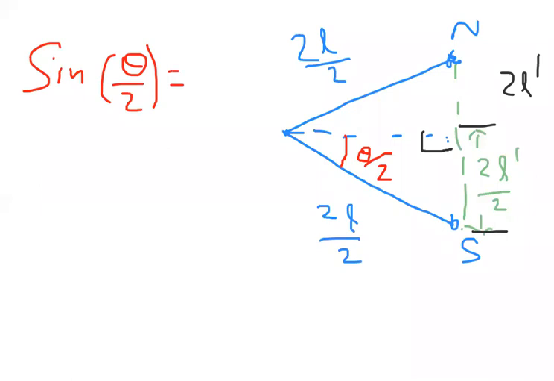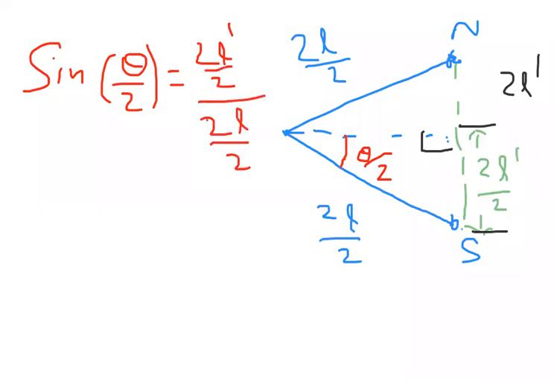Observe carefully: the total angle is theta, we bisected it, so it is theta by 2 in a right angle triangle. Opposite is 2L dash by 2 and hypotenuse is 2L by 2. So I write sine theta by 2 equals (2L dash by 2) by (2L by 2).